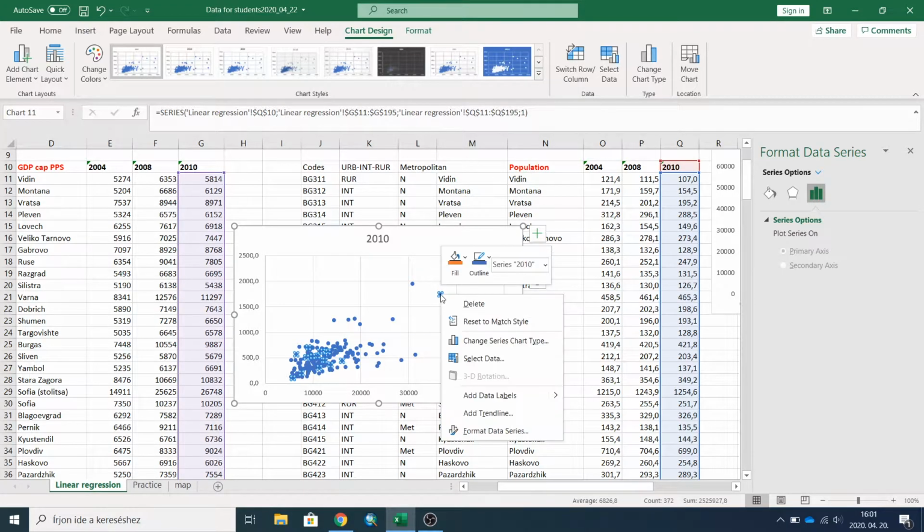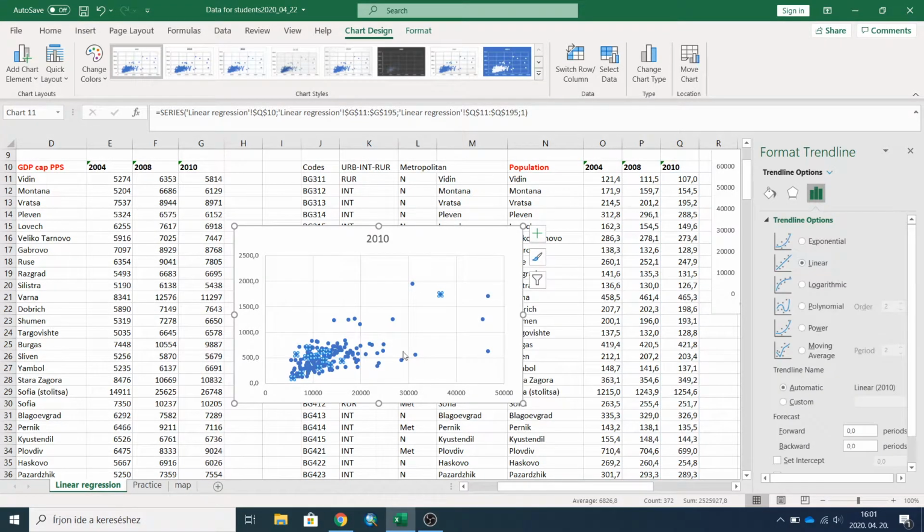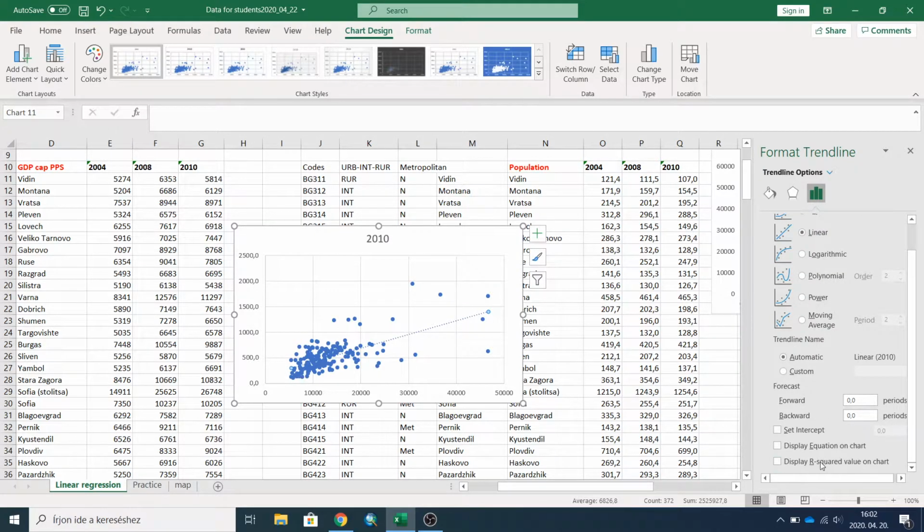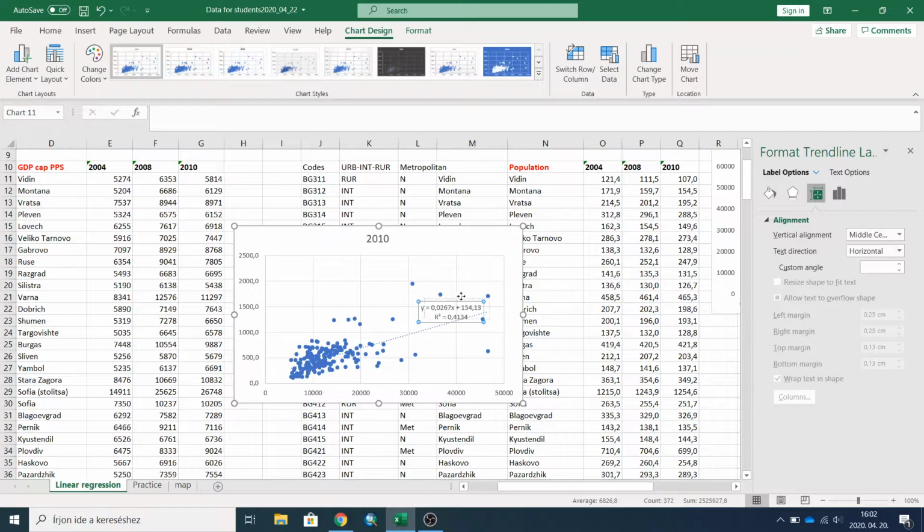After that, right click, add trend line, linear, R square, equation. So after the financial crisis, the R square value is stable, higher than before 2004.